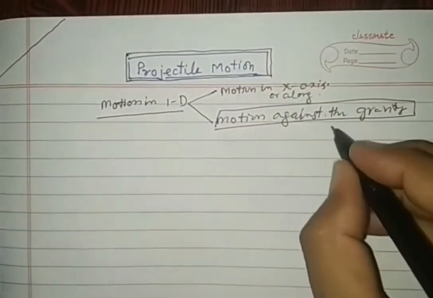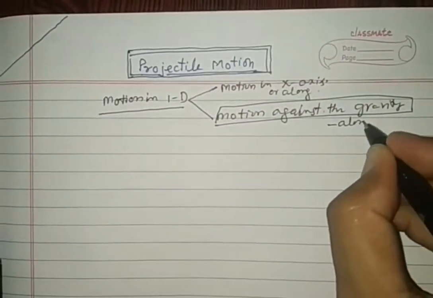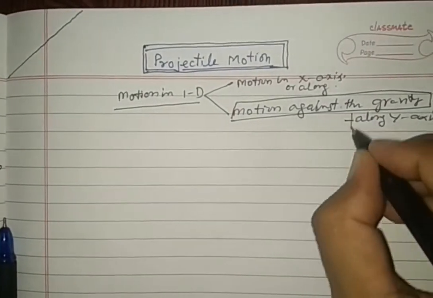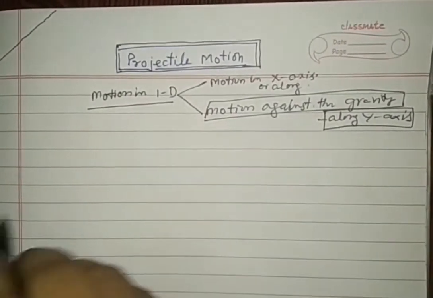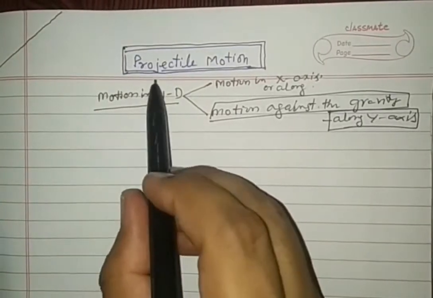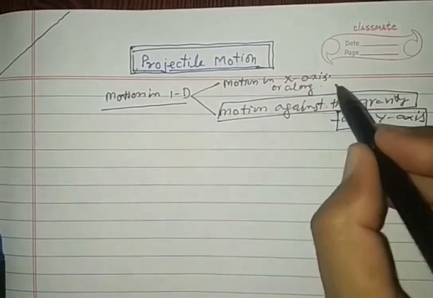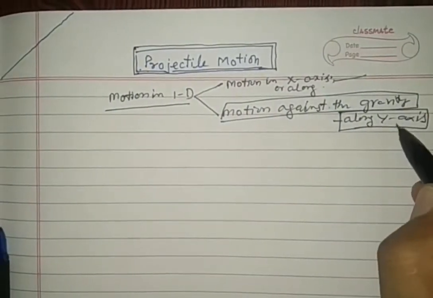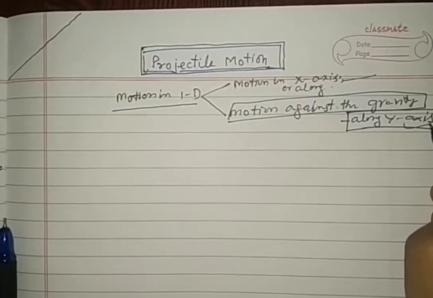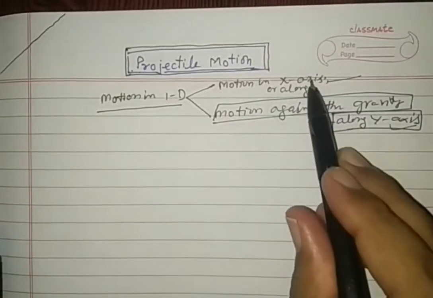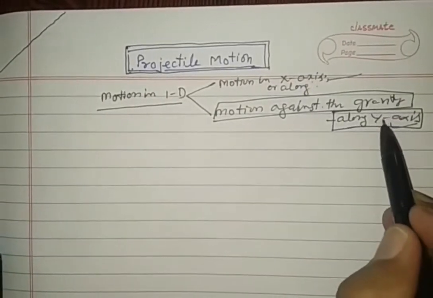It is considered along the y-axis in the frame of reference for mathematical simplicity. Here the projectile motion is neither in the direction of the x-axis nor in the direction of the y-axis. It is in between the x-axis and y-axis.